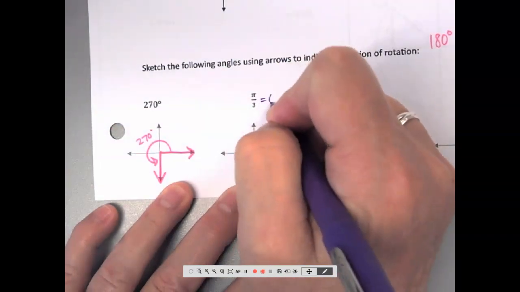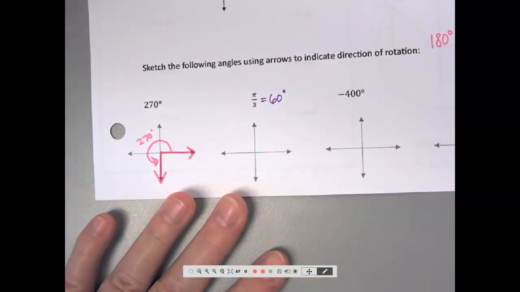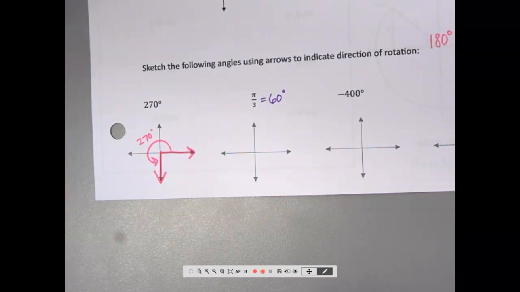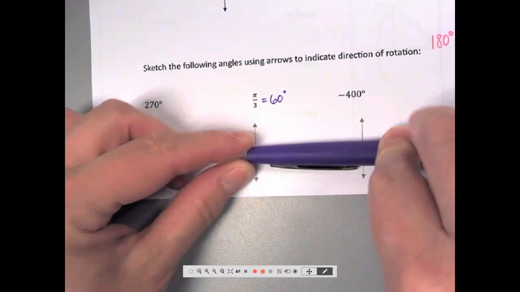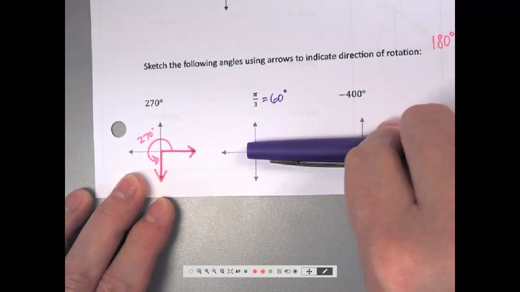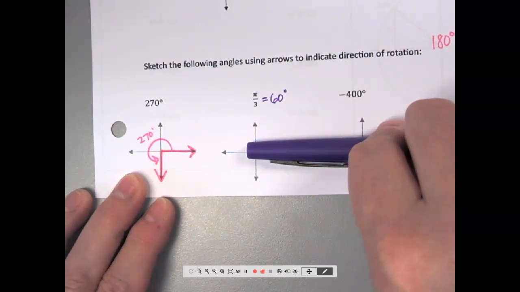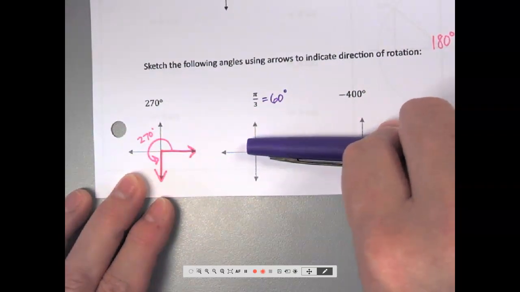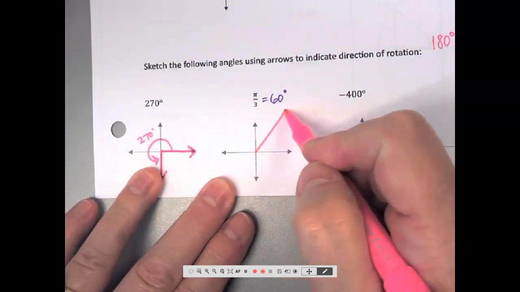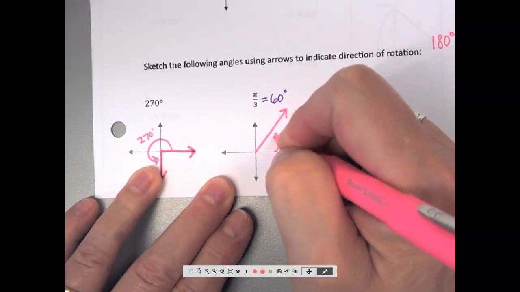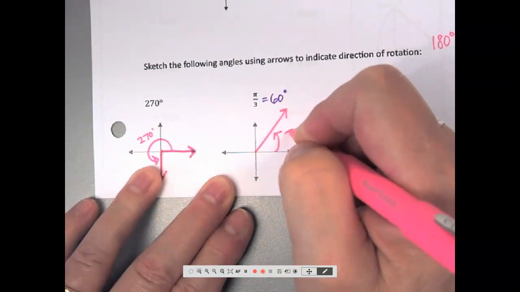So that is the same as 60 degrees. If I rotate a positive 60 degrees, which quadrant do I stop in? We always start here, and a positive angle tells me to go counterclockwise. So if I go counterclockwise 60, which quadrant am I in? The first, yes. So I'm going to draw this for my 60, or pi over 3.